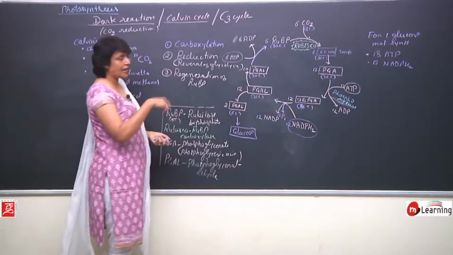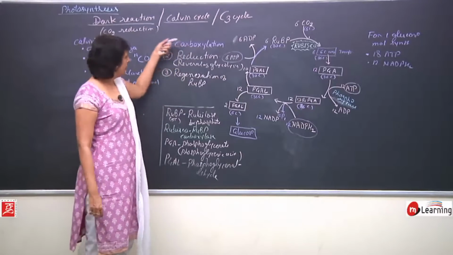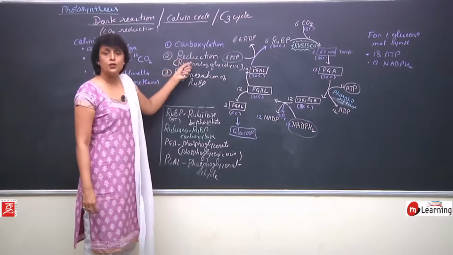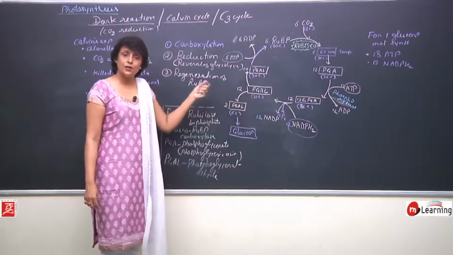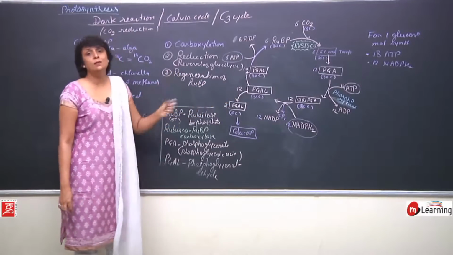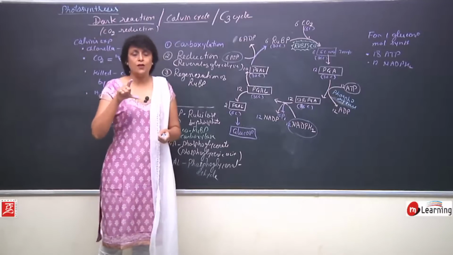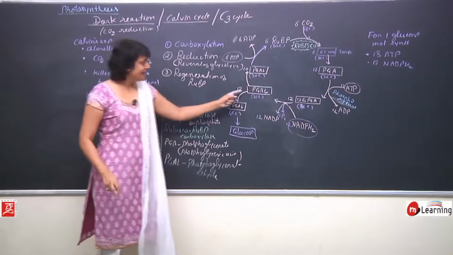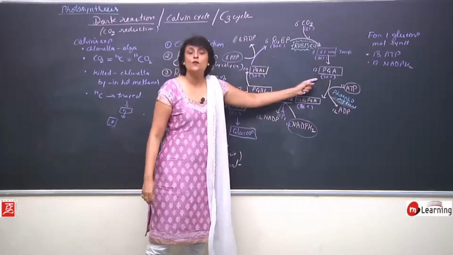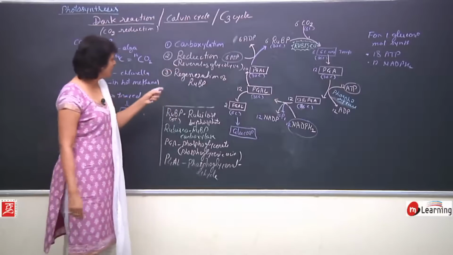So this complete cycle can be explained in 3 steps. First is carboxylation, then is reduction of phosphoglyceric acid into phosphoglyceraldehyde, which takes place in 2 steps. It is similar to the reverse of glycolysis, the part of glycolysis where glyceraldehyde changes into phosphoglyceric acid. So it is the same as reversal of glycolysis.